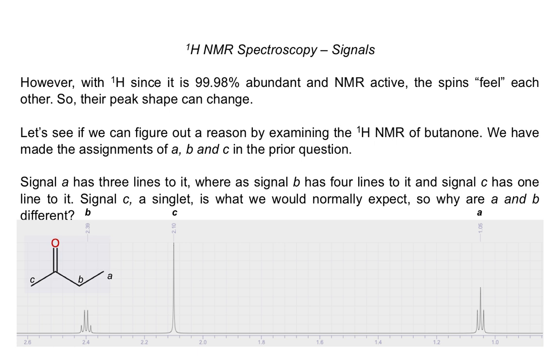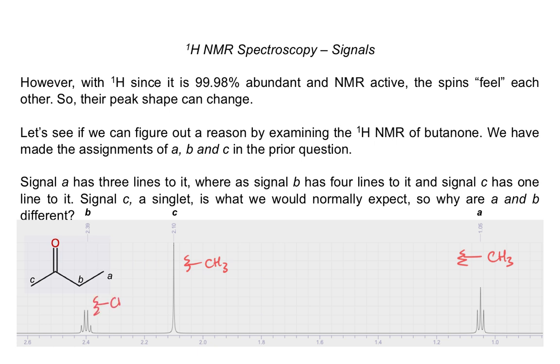And to further explain some logic, I'm going to use this term attached hydrogens. So A is a CH3 group. C is a CH3 group.